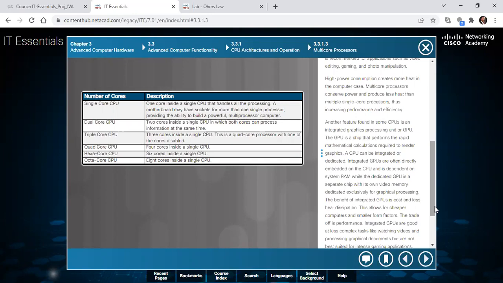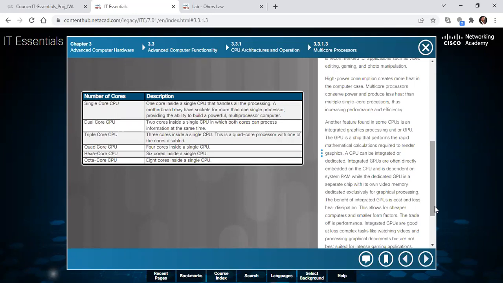So let's look at the number of cores and the descriptions. On our left-hand side, we see the single core CPU. What does it do? One core inside a single CPU that handles all the processing. A motherboard may have sockets for more than one single processor, providing the ability to build a powerful multi-processor computer.